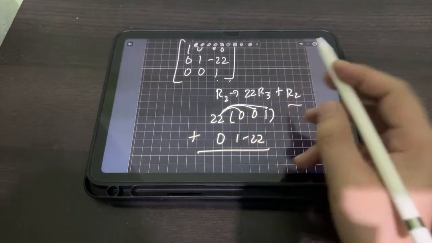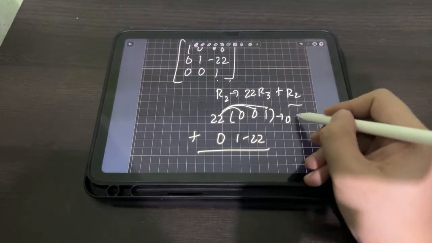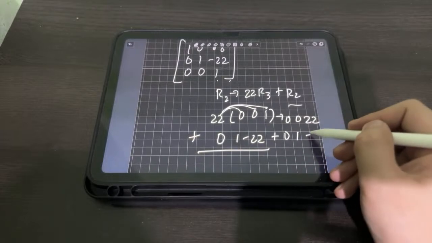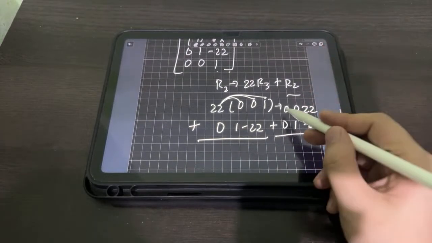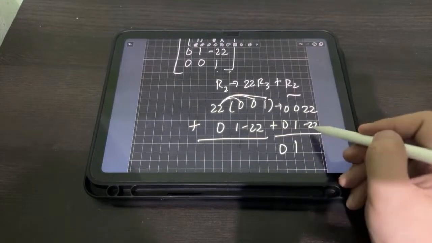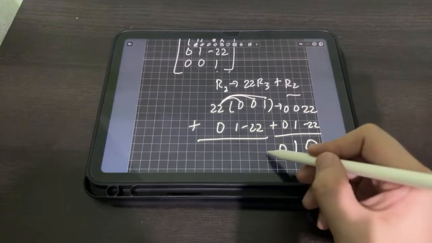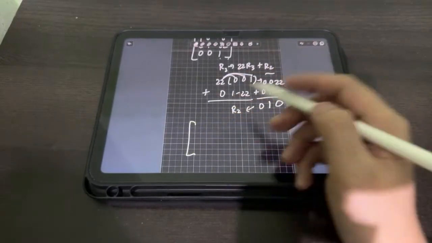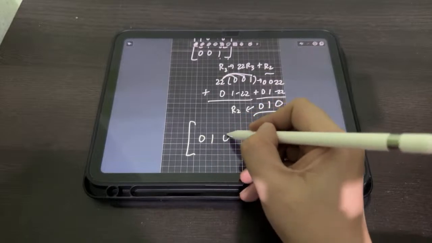Distribute first this 22, so that's 0, 0, 22, right? Plus 0, 1, negative 22. 0 plus 0, 0. 0 plus 1, 1. 22 plus negative 22, 0. So this will be the new entries in R2: 0, 1, 0.